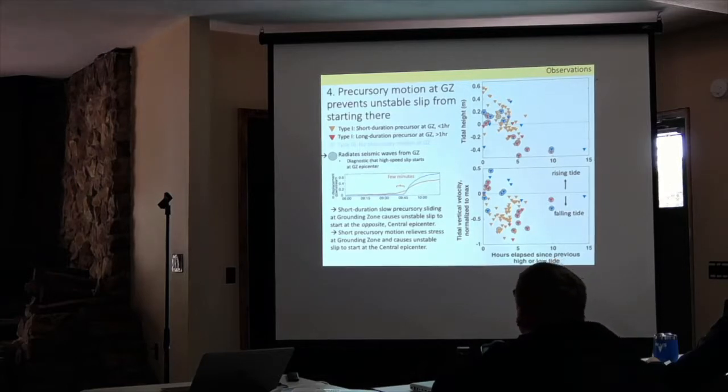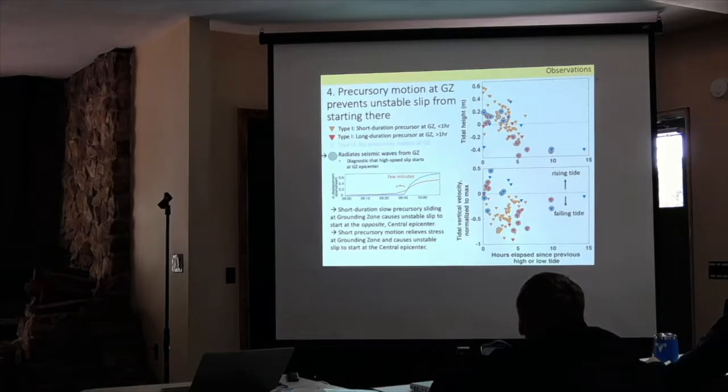And finally, if we go back to that observation I showed you at the beginning, if that first phase of seismic wave radiation is observed in the far field, we know that the slip started at the grounding zone. And that's represented over here by gray circles. You might notice that there's a few gray circles on here, but almost none of them are actually around these orange triangles.